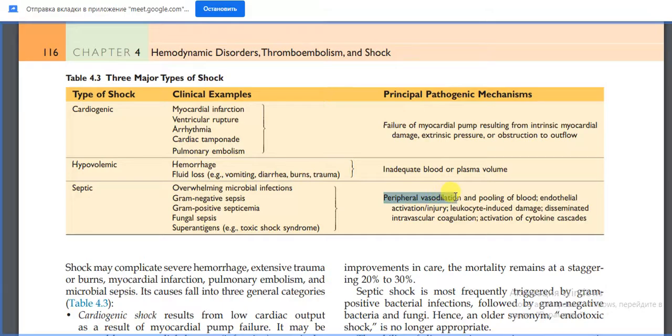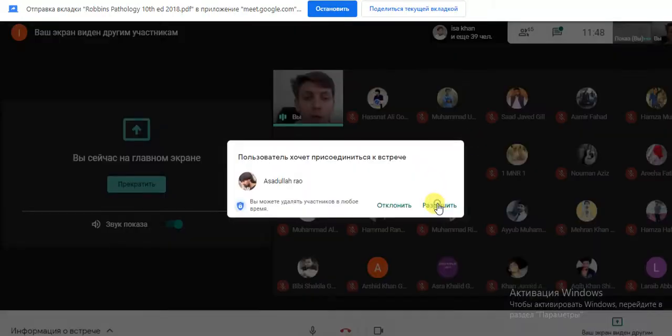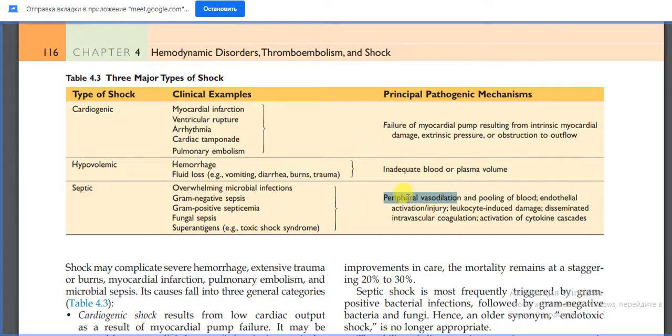You remember that in inflammation, particularly in some part of the human body, we have vasodilation. But in sepsis, when bacteria are spread all over the blood circulation, it causes inflammation in every small circulation part and causes peripheral vasodilation all over the body.